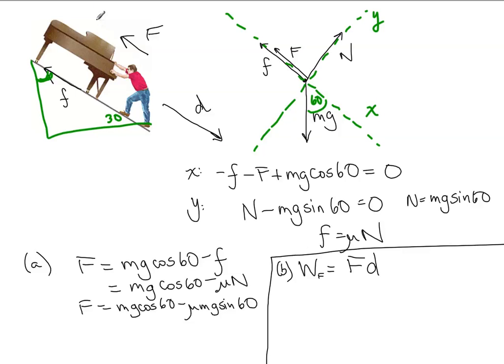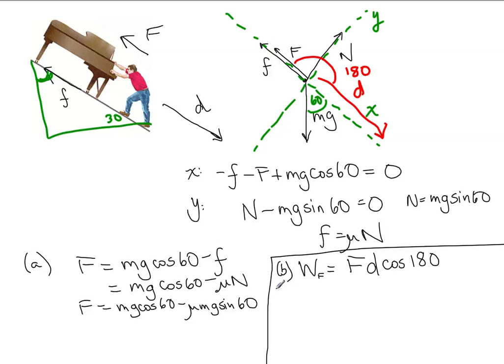And if I put the displacement in this diagram, the displacement is going to be this way, right? So the angle between these two forces and the displacement is 180. So this here is going to be force times displacement times the cosine of 180, which will make this whole answer negative, which makes sense.